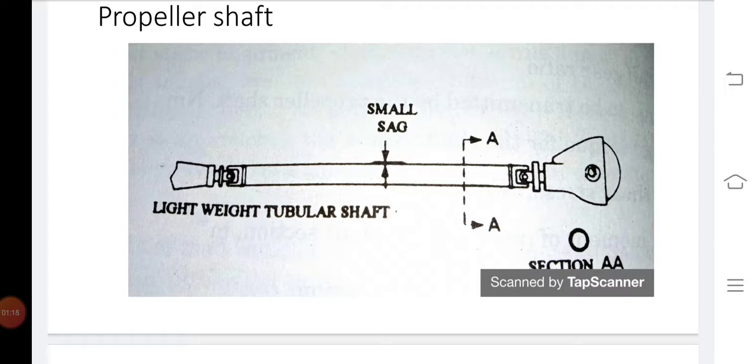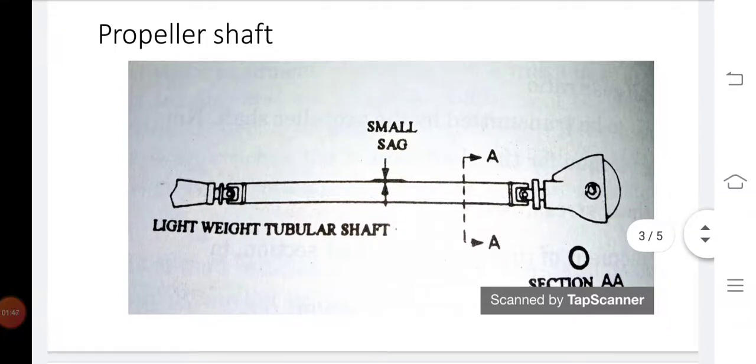The two-piece arrangement is supported at the midpoint by a rubber mounted bearing, and short drive shafts are incorporated for transmitting the power from the final drive assembly to the road wheels in both front and rear wheel drive vehicles.